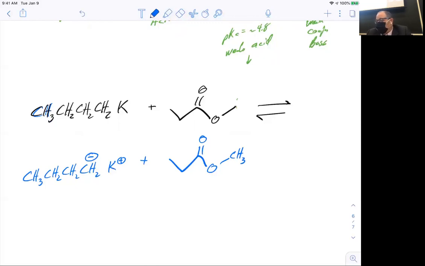I've also noticed over here on this side, I've gone ahead and drawn a CH3. Why did I draw a CH3 here? I don't have to. This is actually correct, right? But whenever you end right there, by convention, by definition, that is a CH3. What do you think some students do? They all of a sudden mistake that for a hydrogen, right?